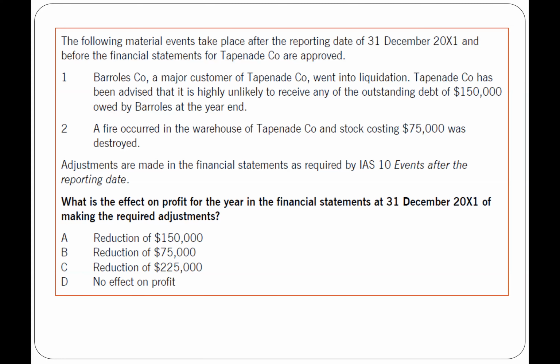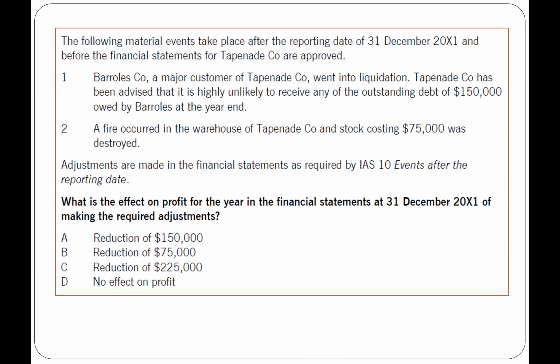But by the end of the year, this stock was still there, which means you don't need to go and change anything, but we simply need to disclose that 75,000 of the stock that we had was destroyed by fire. So this is an example of a non-adjusting event, which means the only amount that affects our profit is the 150,000. So our answer becomes a reduction of 150,000.